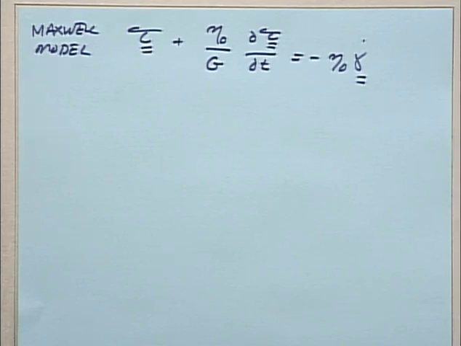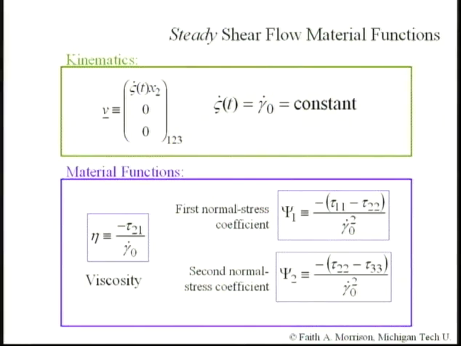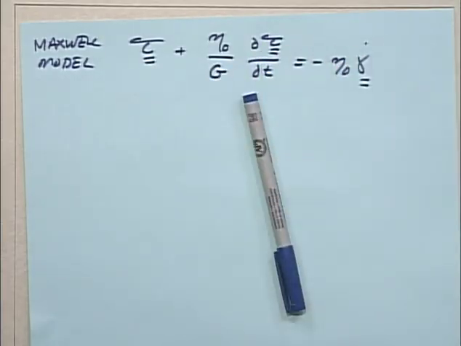So let's think, how do we normally do this? If we want to make a prediction of the viscosity, how do we do it for a constitutive equation? If it's the complexity of this equation that gives you trouble, tell me how to do it for Newtonian or generalized Newtonian.